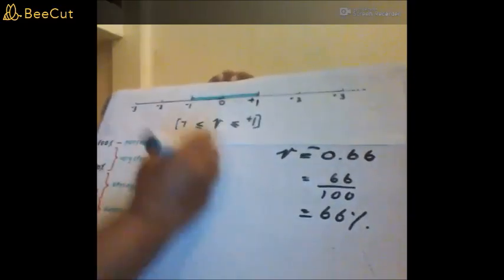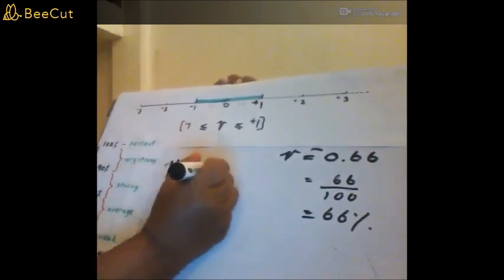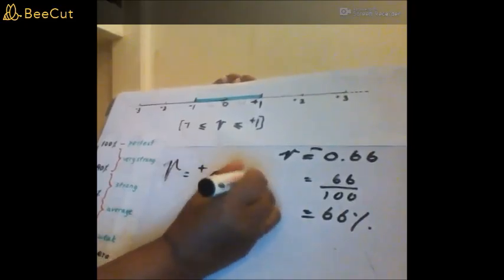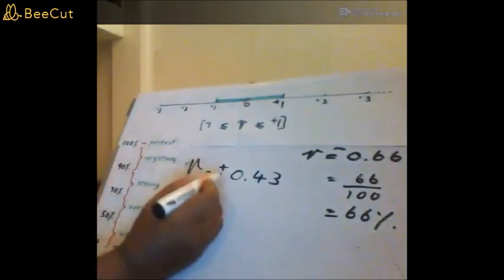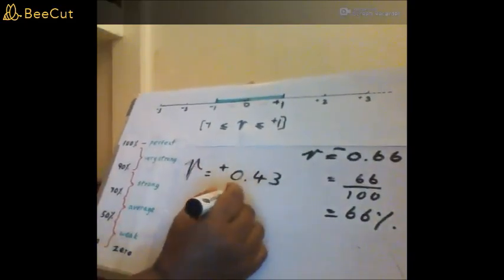Now interpret this one. Rho equals plus 0.43. Now it's positive, right? 43 means here it is 43%. Okay.